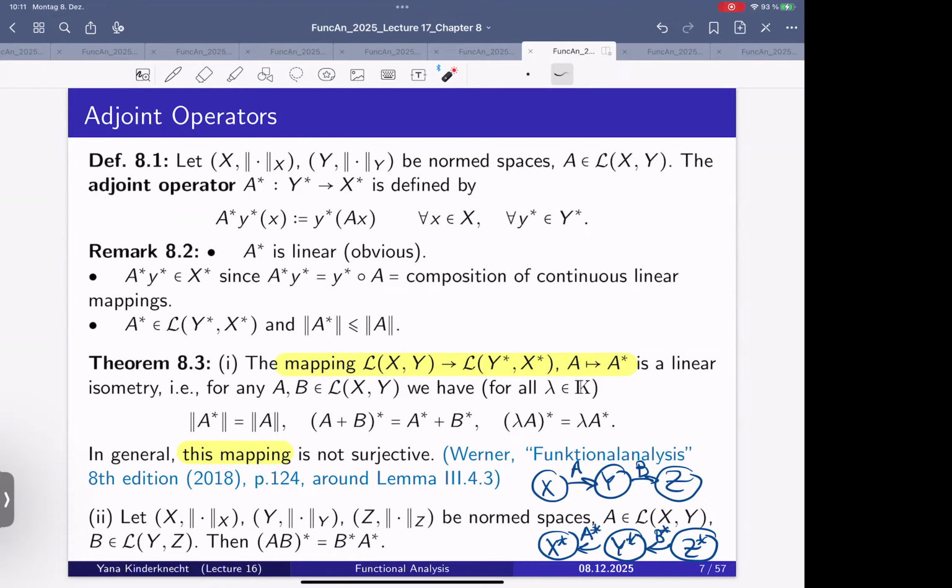Or am I wrong with A from X to Y, B from Y to Z? I guess here may be something wrong, in the sense that probably here should be BA, yes? We first act by A and go to Y, and then we go to Z by B. So this is a matter of notation.